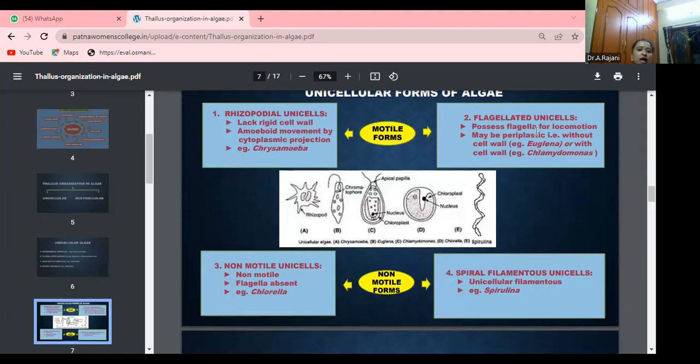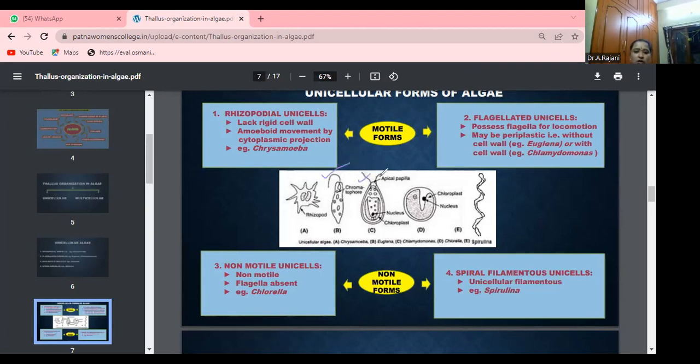Second one, flagellated unicells. The best examples are Euglena and Chlamydomonas. See here, these cells possess flagella.